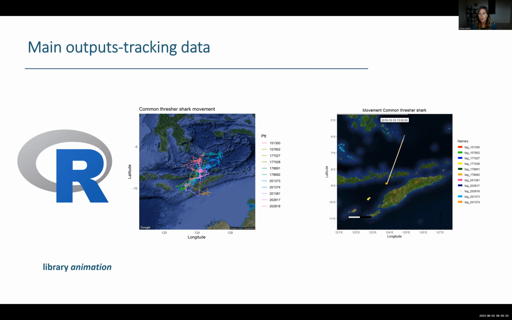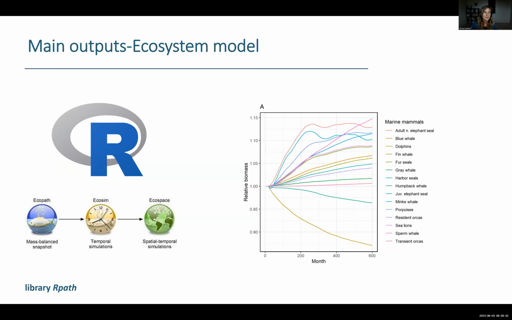So they are trying to show whether the marine protected areas are actually protecting these animals or not. The results are that most of the time they spend inside the marine protected area, but some of the time they are also outside. So that means that different conservation management applications should be applied for them.